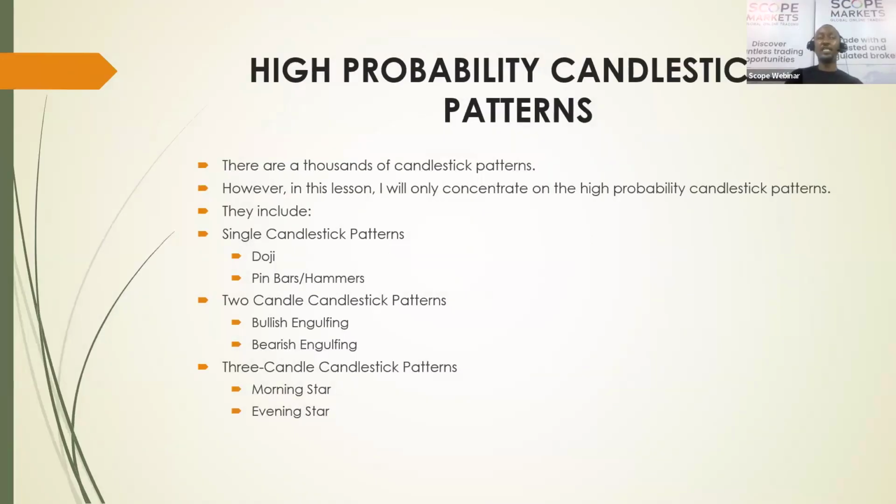We have many candlestick patterns, but I have tried to narrow down what I usually call high probability candlestick patterns, meaning that these are candlestick patterns that are easy to understand. They form very often, you'll always see them in the charts, and they give very nice entries. If you are able to understand them, you can get very nice trading entries.